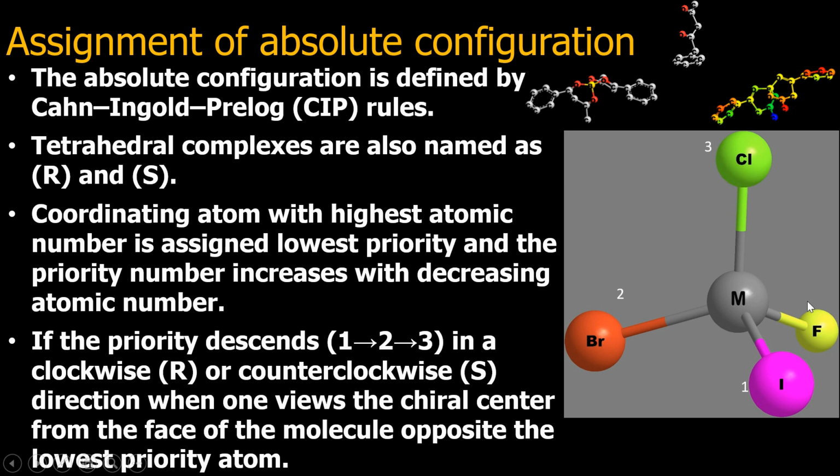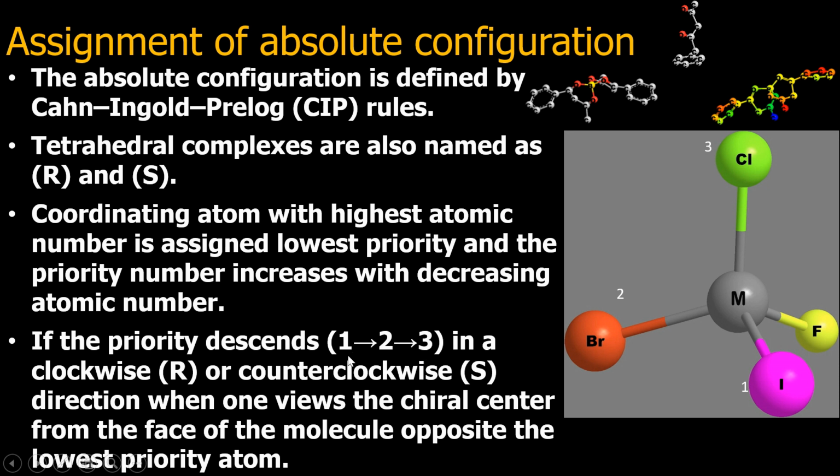Now, in order to find out whether the isomer that you have taken should be given an absolute configuration of R or S, or say C or A, and lambda or delta, what we do is, the priority descends 1, 2, 3. Numerically it is ascending, but priority wise it is descending.